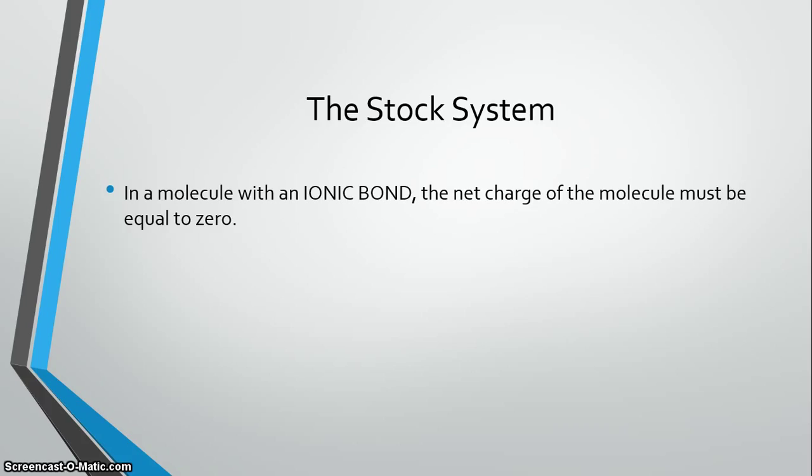So, in other words, some of the atoms in that molecule are going to want to take electrons, and some of the atoms are going to want to give electrons away. But in the end, that one molecule should be balanced out.